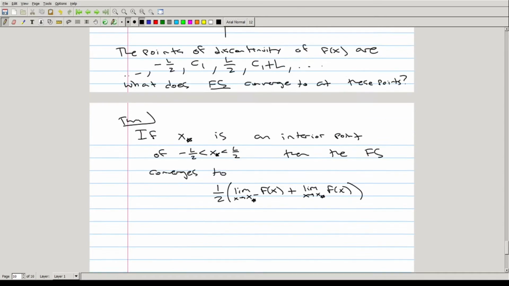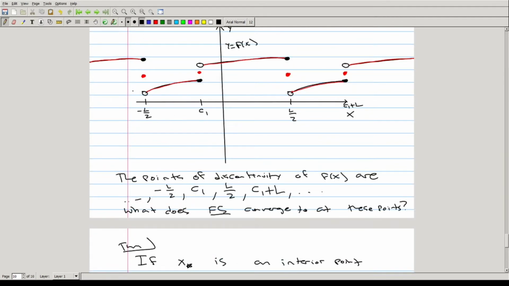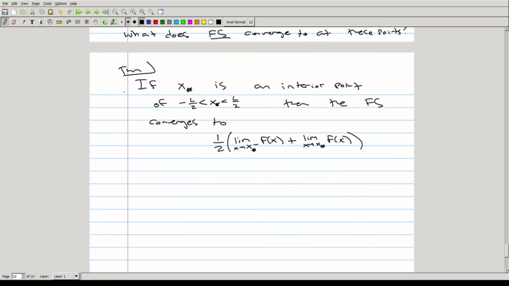And then the only other thing that we have to consider is what happens on the boundary, if there's a discontinuity on the boundary. And the idea here is the same.